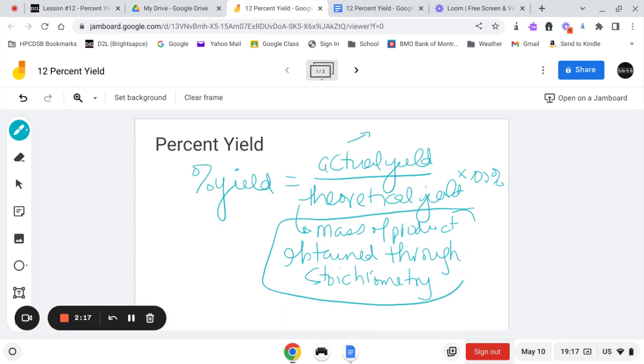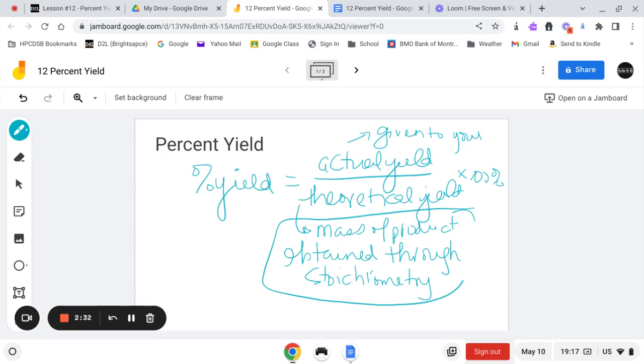An actual yield has to be given to you. Okay, so it's got to be given to you, and it is the amount of the product that we actually obtain in an experiment or a lab setting.